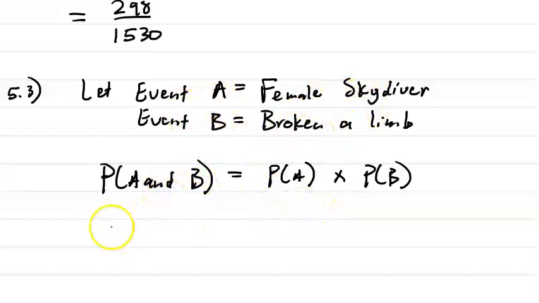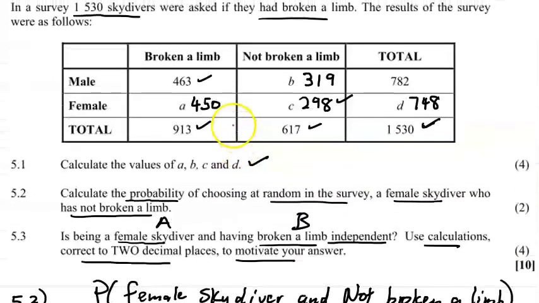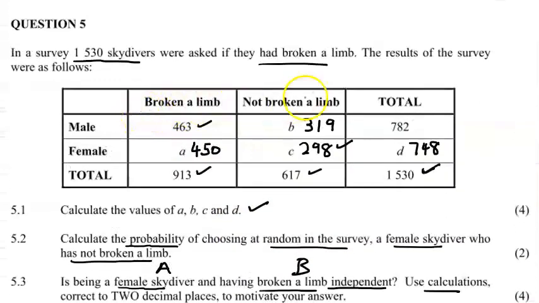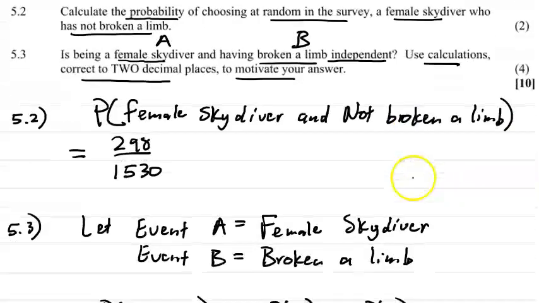So now let's work that out. The probability of A and B, a female skydiver who has broken a limb, will be this value, 450, over the total number, which is 1,530.